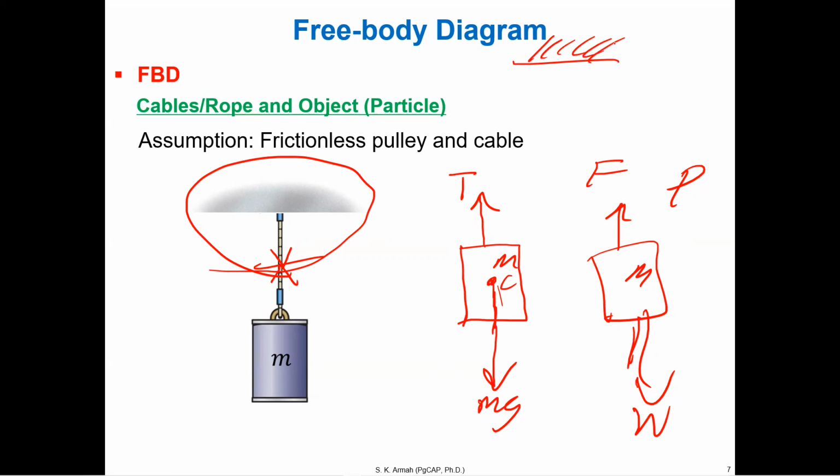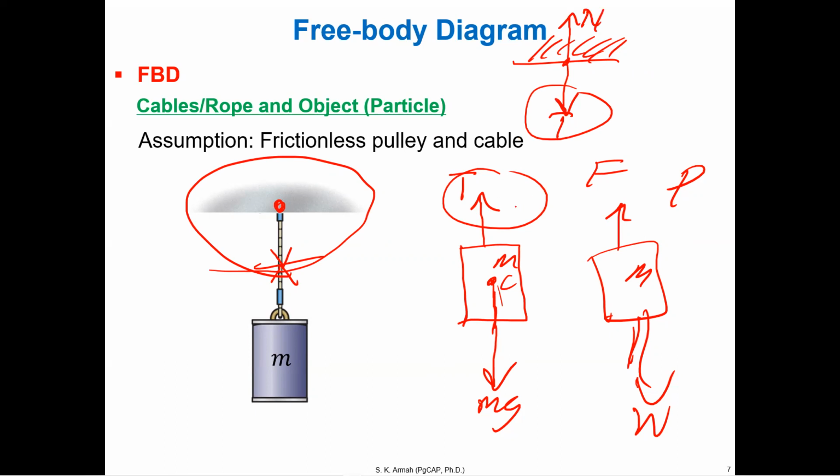Here I show this T, because it has to be opposite to balance. What is balancing this one? There could be a reaction here, which I can show opposite, let's say N.